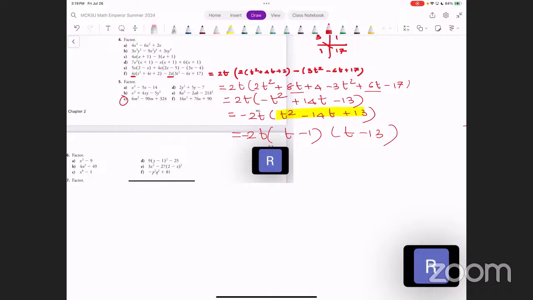Try to figure out which numbers. All of them, I mean 6 and 90 and 324.